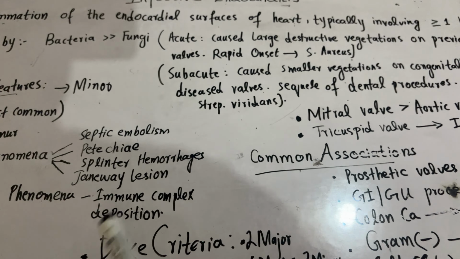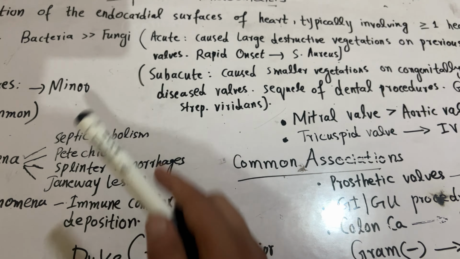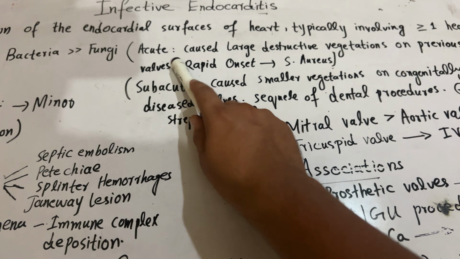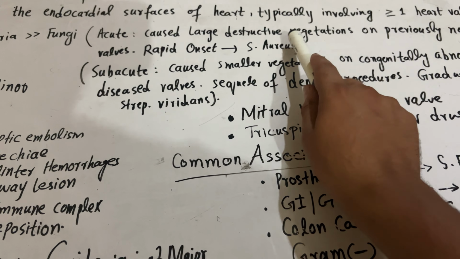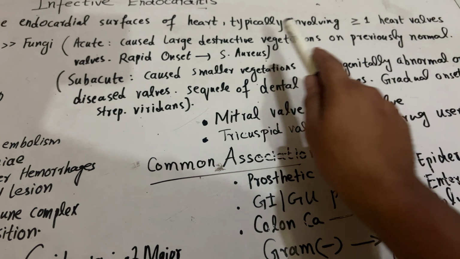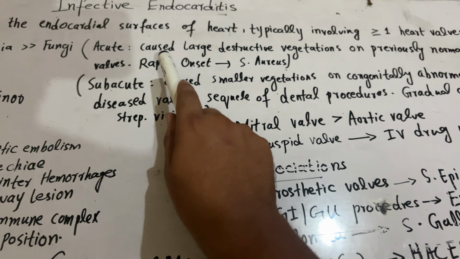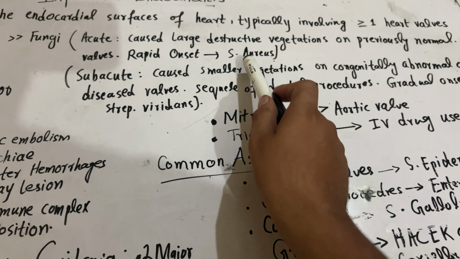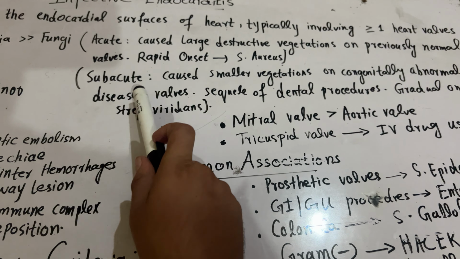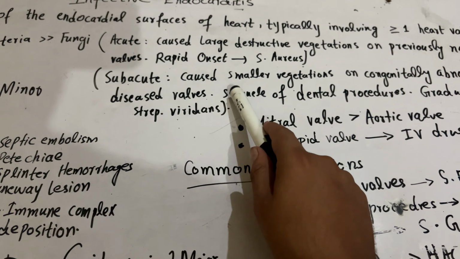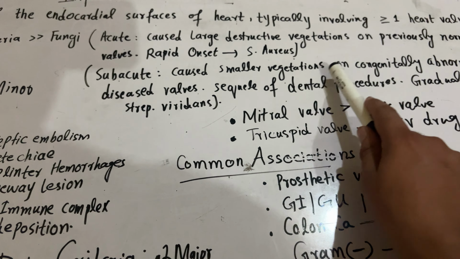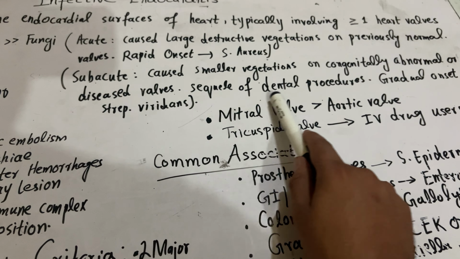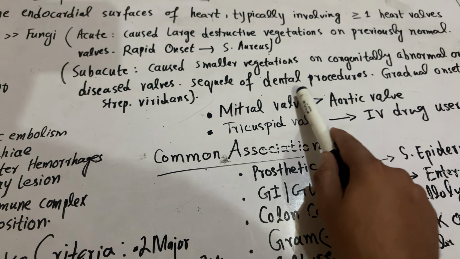Now it can be of two forms. Infective endocarditis can be acute, which leads to large destructive vegetations on previously normal valves. The acute form is rapid in onset, and it is caused by Staph aureus, while the second form is subacute endocarditis. It leads to smaller vegetations on congenitally abnormal or diseased valves, and it can be a sequela of a dental procedure.